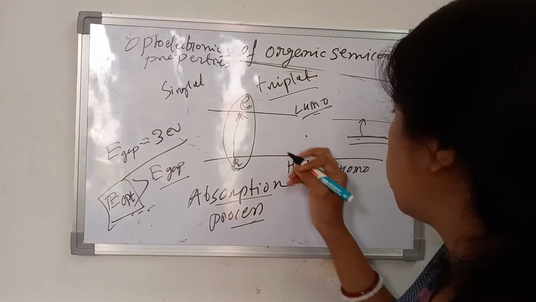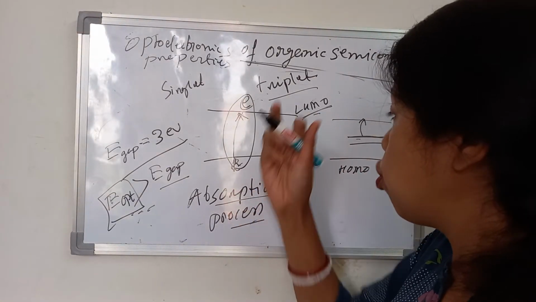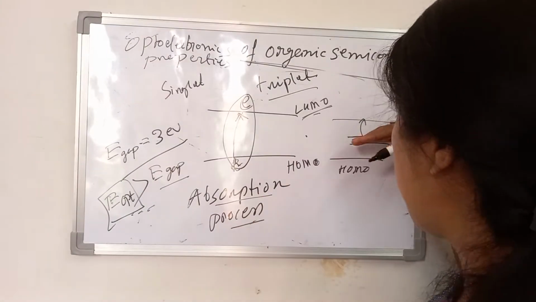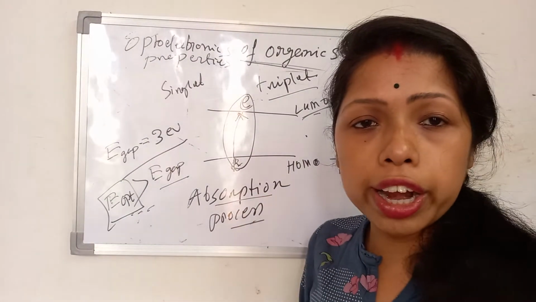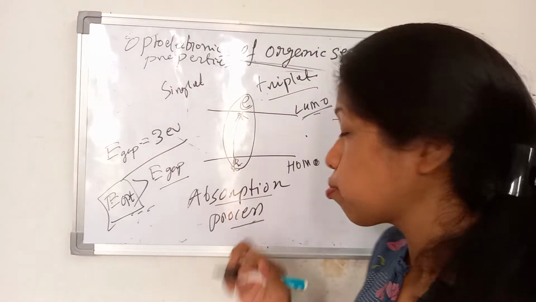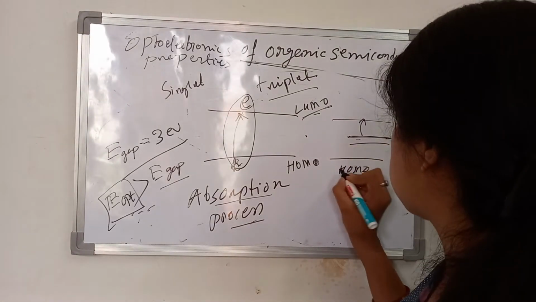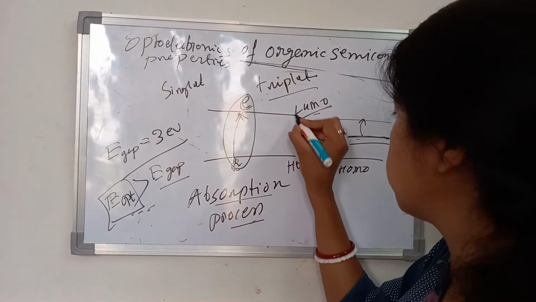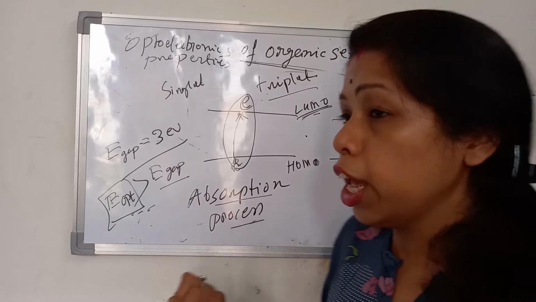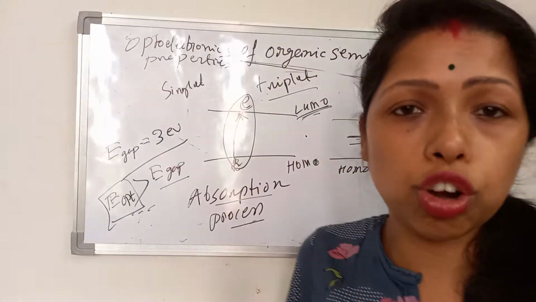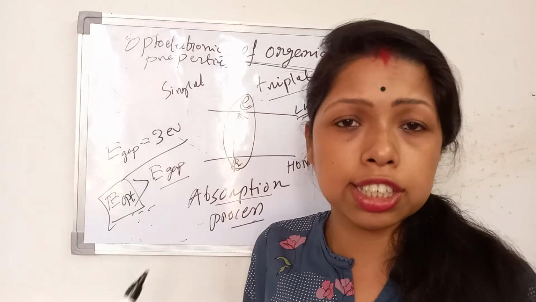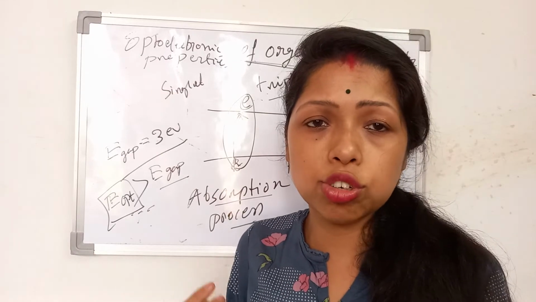That means the photon is absorbed by a higher energy level of the organic semiconductor. This is known as the ground state, and this is the excited state.